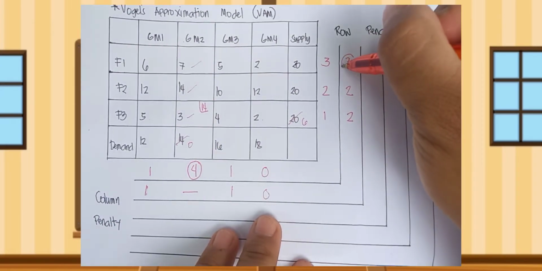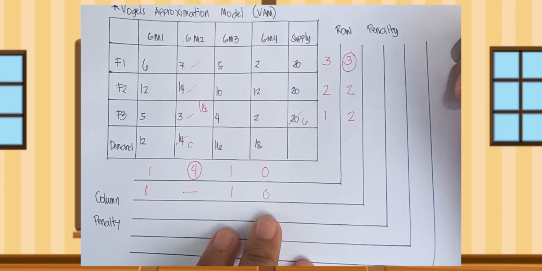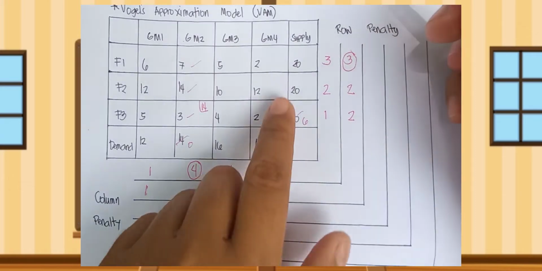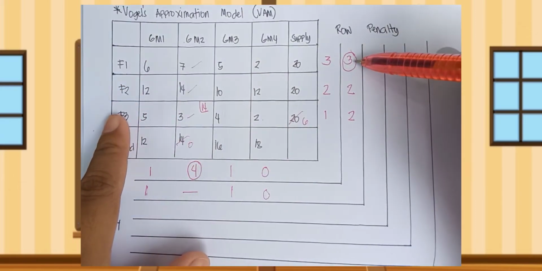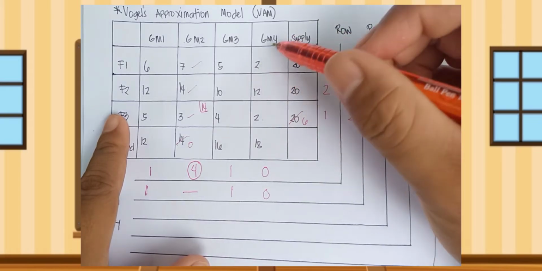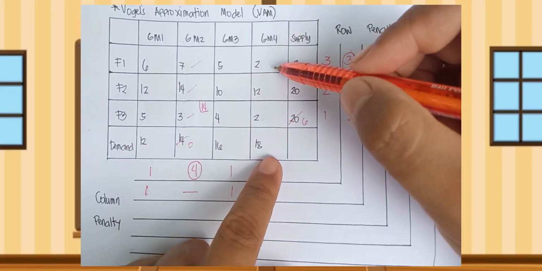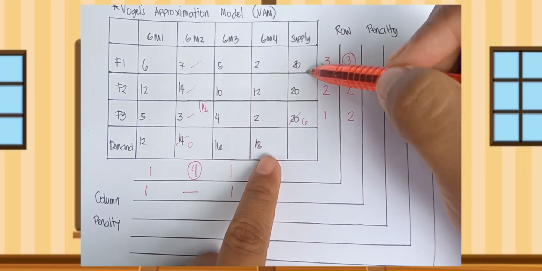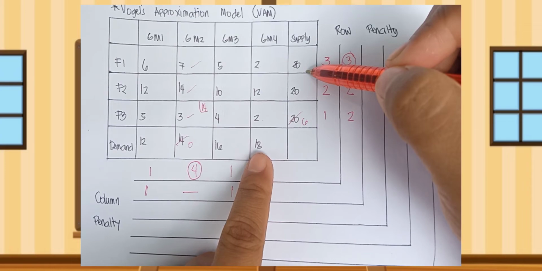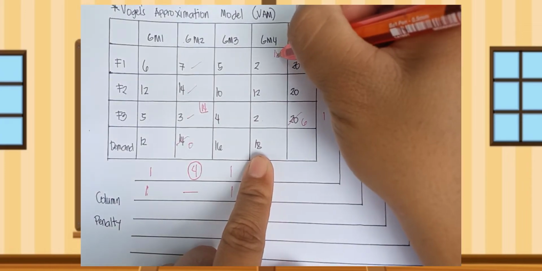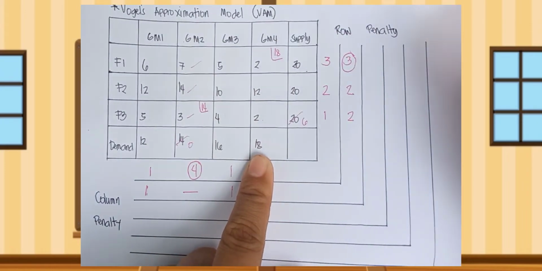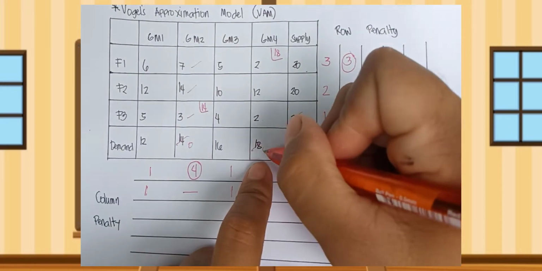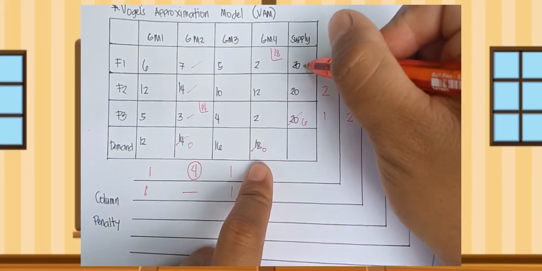So we have 3. Then find the smallest number in the row that 3 belongs to. So we have 2. We have a demand of 18 and a supply of 20, so the minimum cost is 18. So we will put 18. So 18 minus 18 is 0. 20 minus 18 is 2.